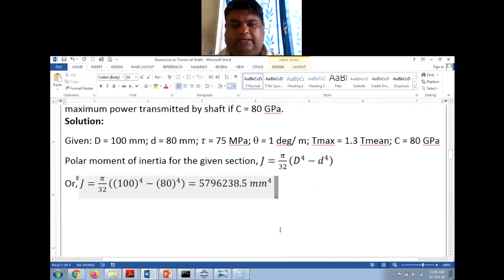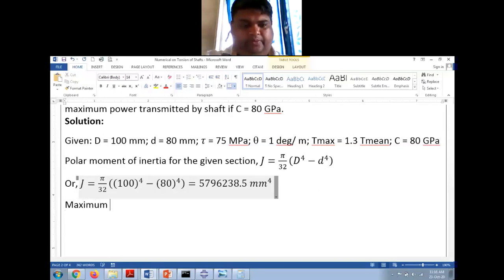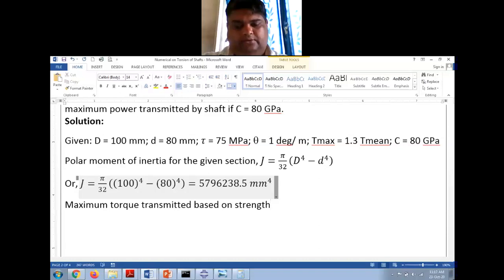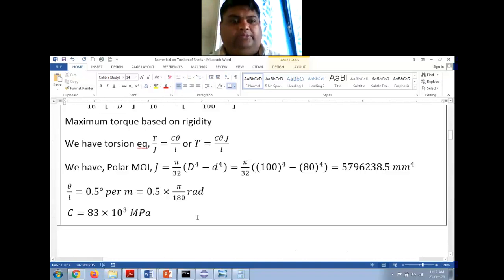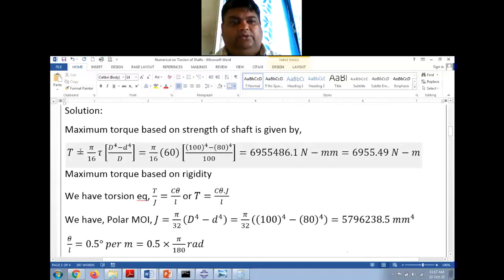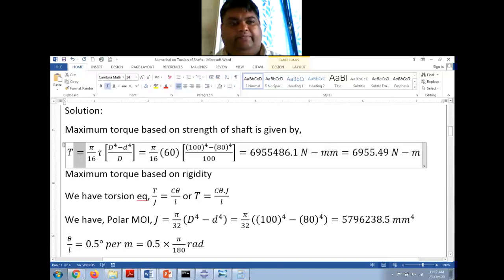So now let us calculate maximum torque transmitted based on strength, right? So what is the equation for maximum torque transmitted based on strength? This is the equation. T is equal to pi by 16 tau into D raised to 4 minus d raised to 4 by D.